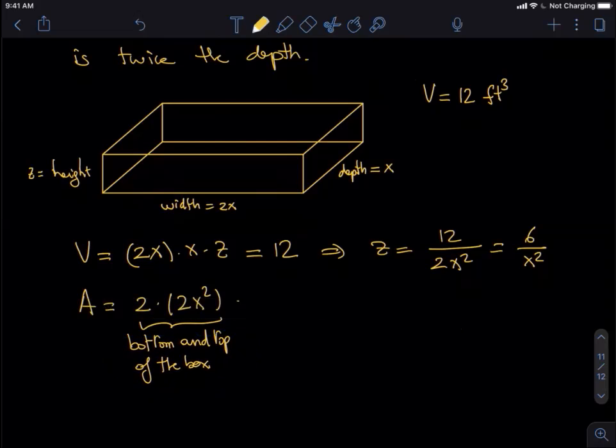And then we have the two walls that are 2x times z, those are the front and back.